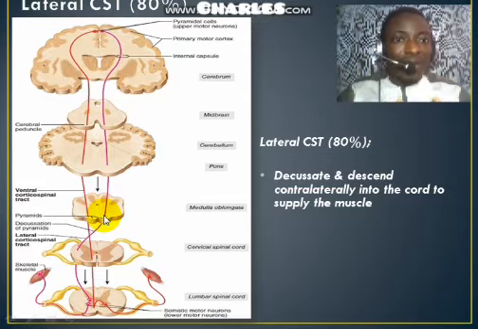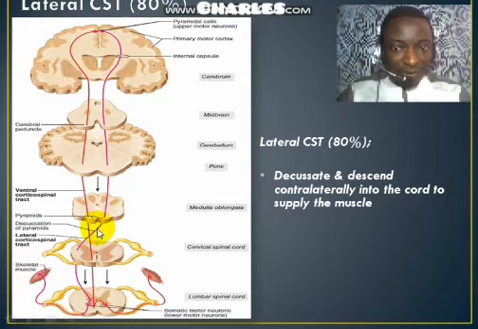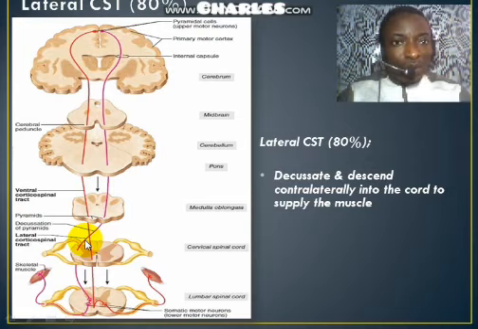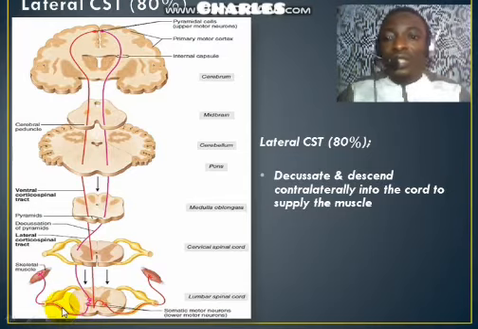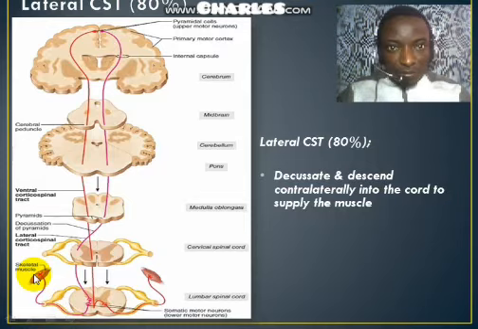Then when it gets to the medulla, it passes through the medullary pyramids, like I said earlier, and then decussates to the opposite side of the cord and begins to descend downwards contralaterally, which then terminates at the skeletal muscle.